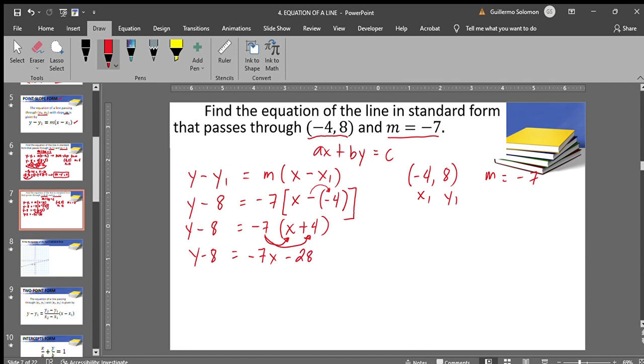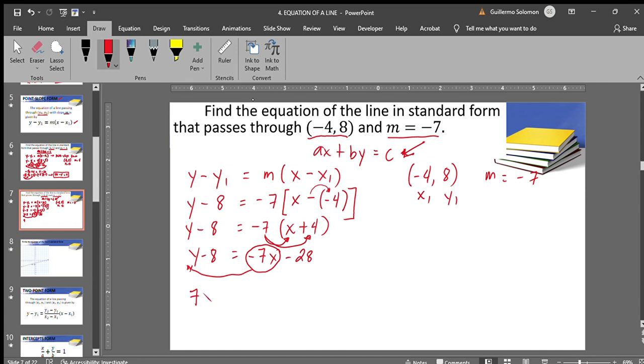Okay? Next. Okay, tandaan ha, we are going to follow this form. That is in the standard form. So, lahat ng may x terms, okay, ililipat natin siya sa left-hand side. Okay, lahat ng constant nasa right-hand side. So, we have negative 7x. Lipat ko siya dito, magiging positive 7x.